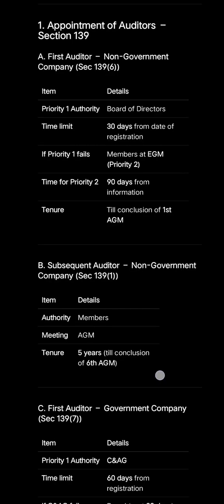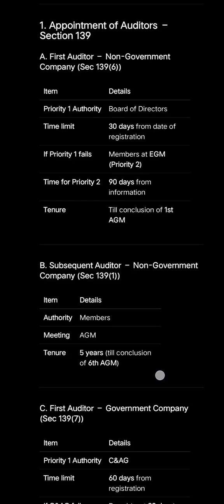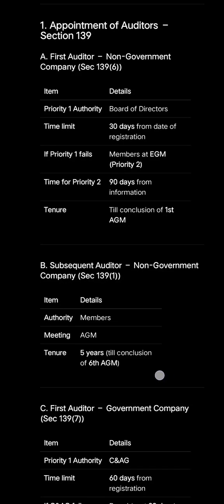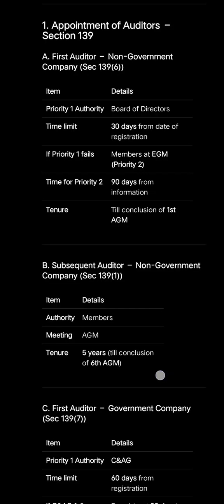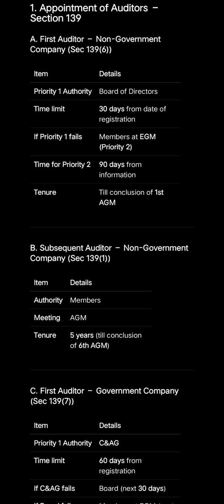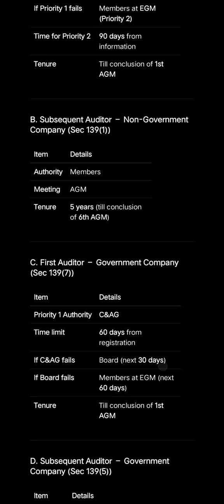If the board fails to appoint the auditor, then the members of the company will appoint the auditor within the next 90 days using an extraordinary general meeting. And the tenure, the person who is appointed will continue till the conclusion of the first AGM.